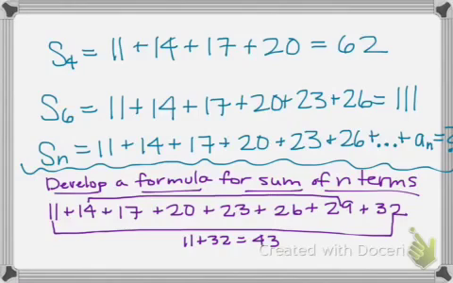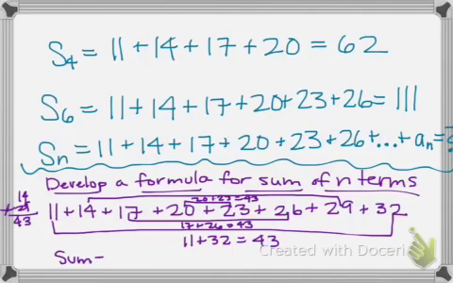Then if you take the second and the second to the last, 14 plus 29, you're also going to get 43. And as you go on down the list, 17 plus 26 is also equal to 43, and 20 plus 23 is also going to be equal to 43. So we end up having 4 43s. So the sum of all of these numbers is going to be 4 times 43.